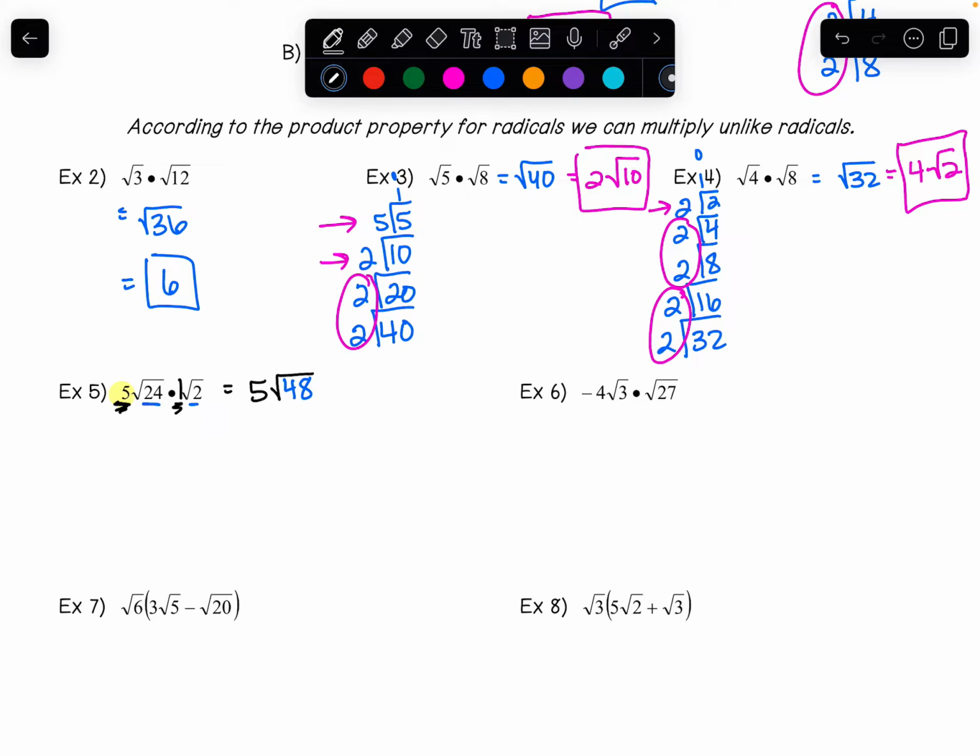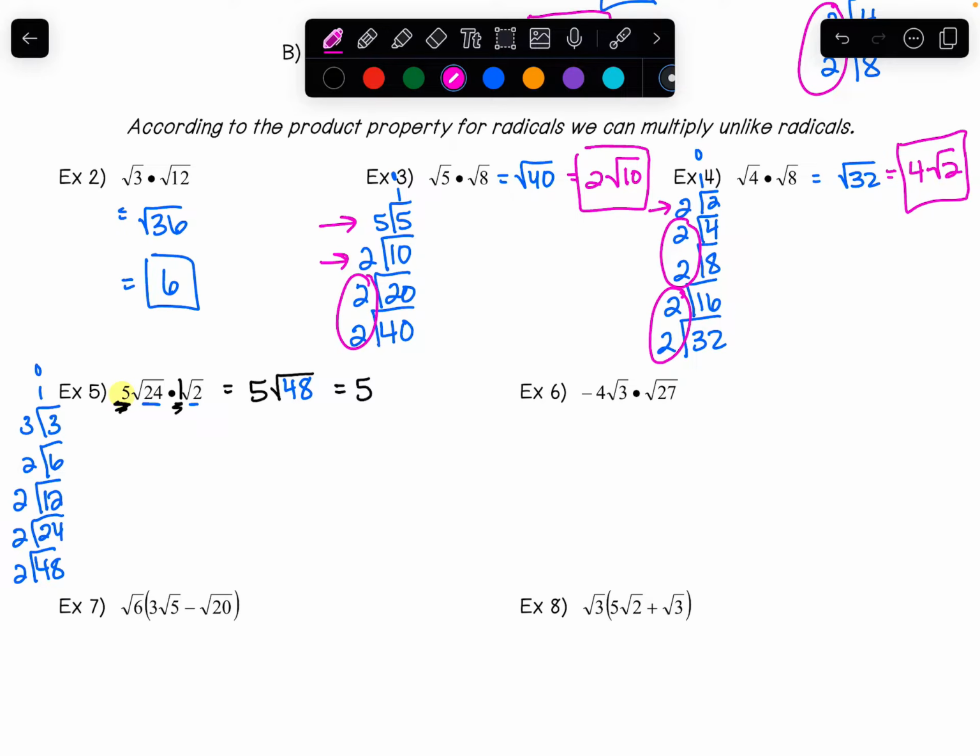Now we want to simplify this. I'm going to go ahead and write down my coefficient of 5. That way I do not forget about it. And I'm going to do the birthday cake for 48. 2 goes into 48 24 times. 2 goes into 24 12 times, 2 goes into 12 6 times, 2 goes into 6 3 times, and 3 goes into itself once.